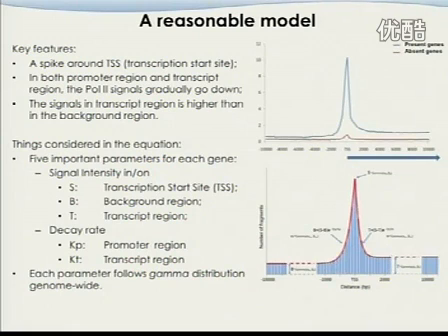The first one is the signal around the transcription starting site, how big this signal is. And then the signals around the background region and in the transcript region. So 3 signal intensities. And also the decay rate. There are 2 decay rates: how fast the signal decays in the promoter region here, and how fast it decays in the transcript region. So these 5 parameters help us to model the entire shape.